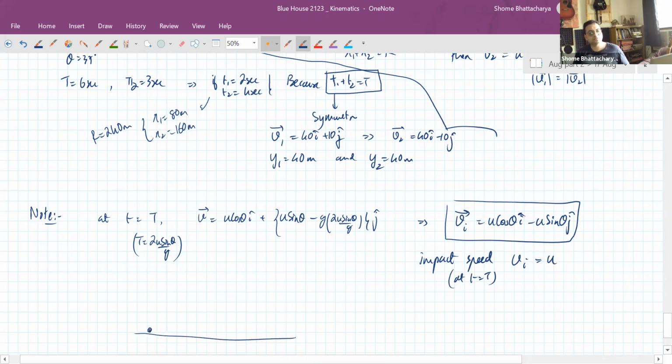So if we projected something like this at this angle theta, when it comes back and hits the ground, it hits the ground with the same speed, but with a symmetrical angle. The angle is now below the horizontal. Earlier it was above the horizontal. At the same theta with respect to the x-axis.